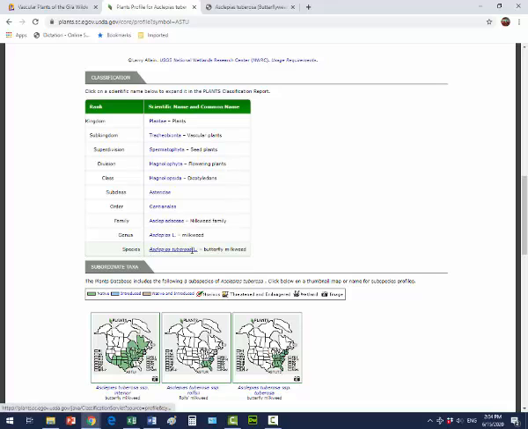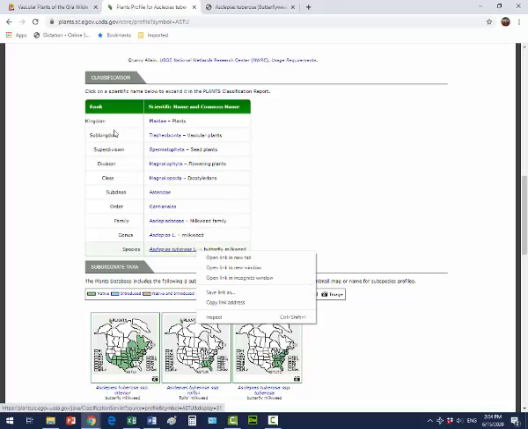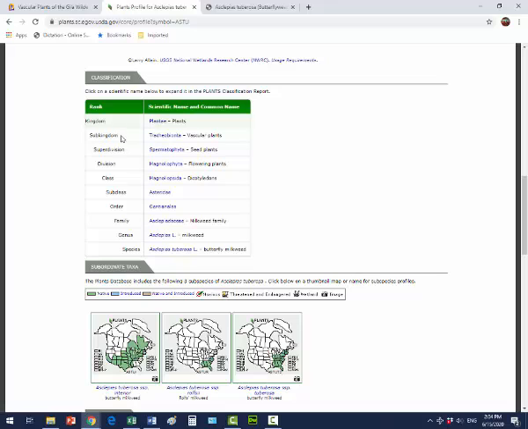Okay, so here's Asclepias tuberosa. It's in the kingdom Plantae. There's a subkingdom. So all the plants in the world are under Plantae. That's pretty general, isn't it? The subkingdom Tracheobionta, those are the vascular plants. So now we're just talking about plants that have some type of vascular tissue.